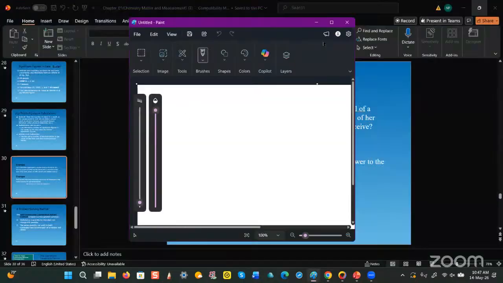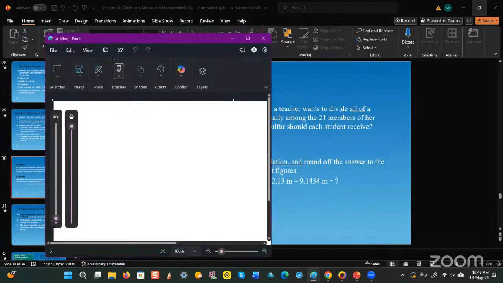So it's 453.6 grams divided by 21 students. All right? Now, here is where you have to make sure that you understand the difference between the two numbers. The 453.6, that's a measured number, right?